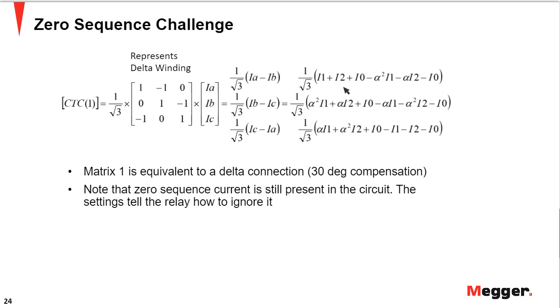If you observe, the zero sequence components cancel out each other in these equations, so it's basically mathematically removing those zero sequence components in the calculations and ignoring them. So it's important to see here that the zero sequence currents are still present in your circuit, but the settings are telling the relay how to ignore them.